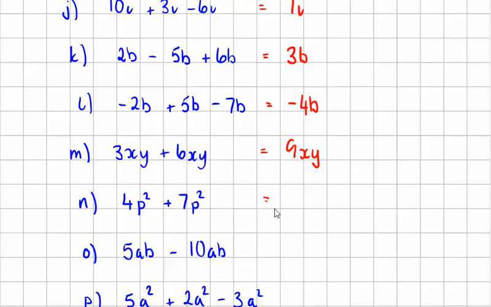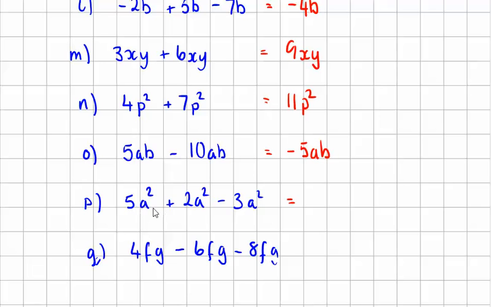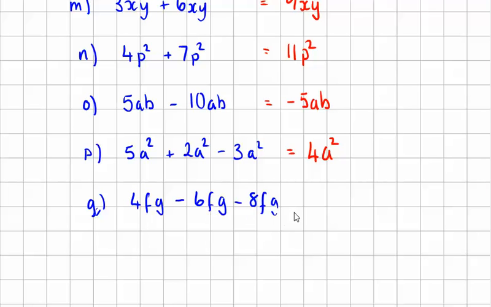Same with squareds, they stay as they are as a term, so 4 plus 7 makes 11p squared. We have negative 5ab. We have 5 and 7 and minus 3 makes 4a squared. And fg is just like the xy's, so 4 minus 6 is minus 2, minus another 8 makes negative 10fg.